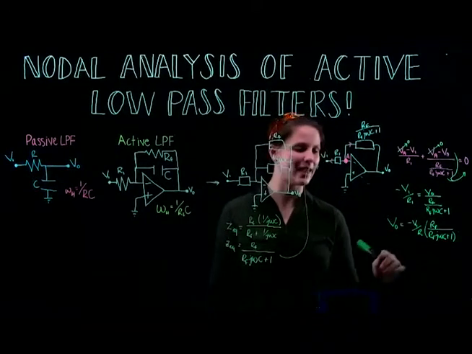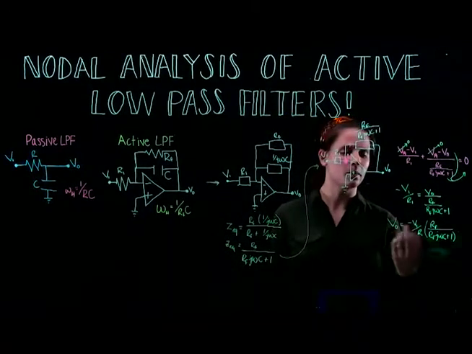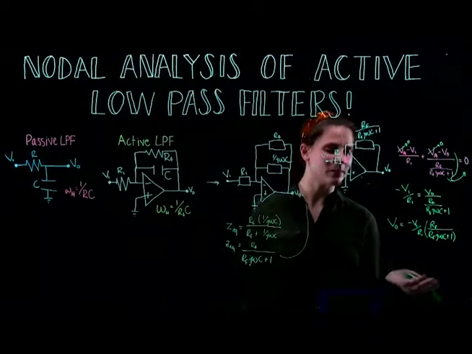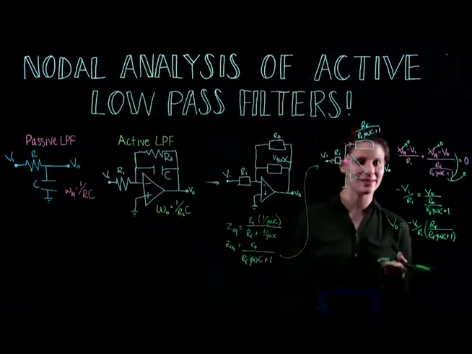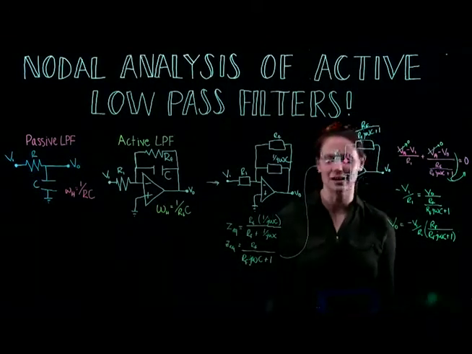And now, finally, we can move our V1 over to this side. So we're going to divide by V1 because we know that the gain is defined as V out divided by V in.